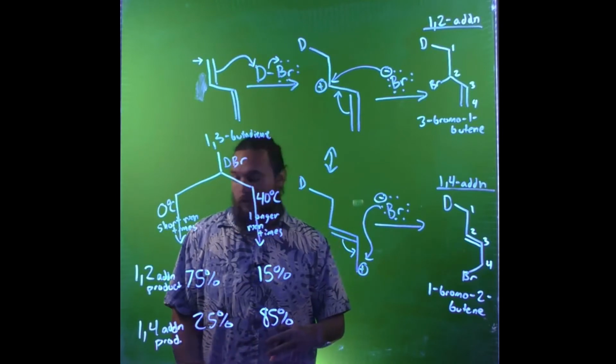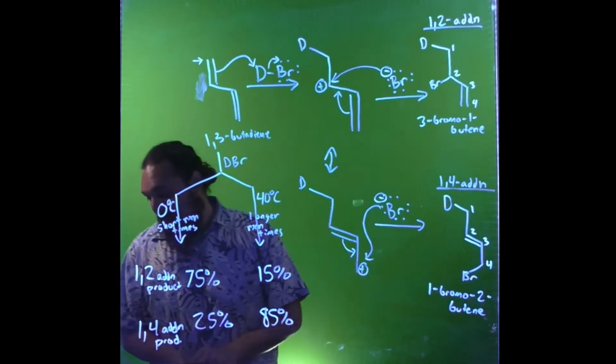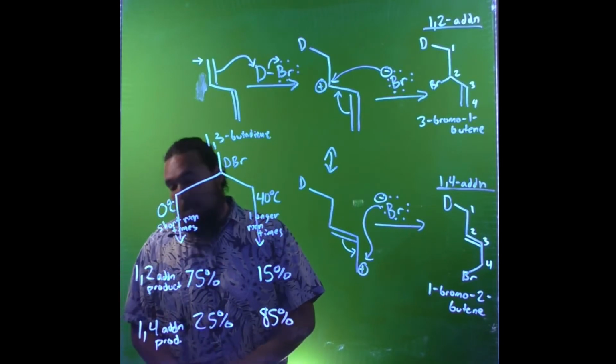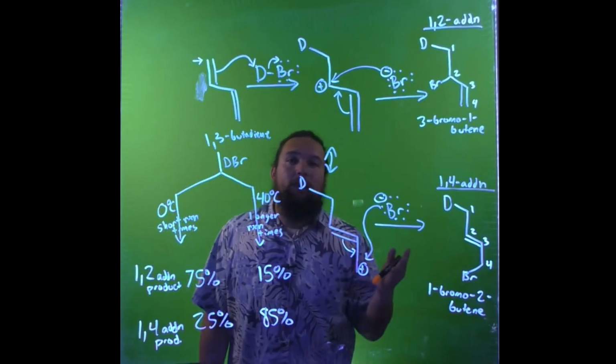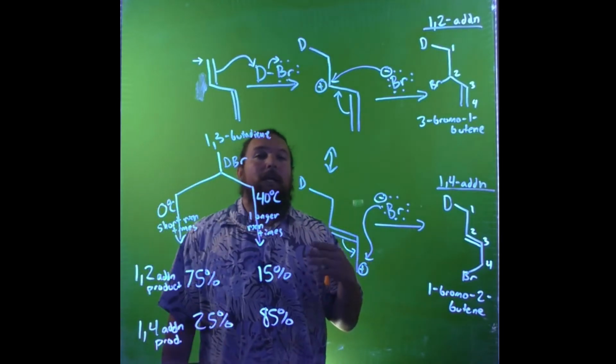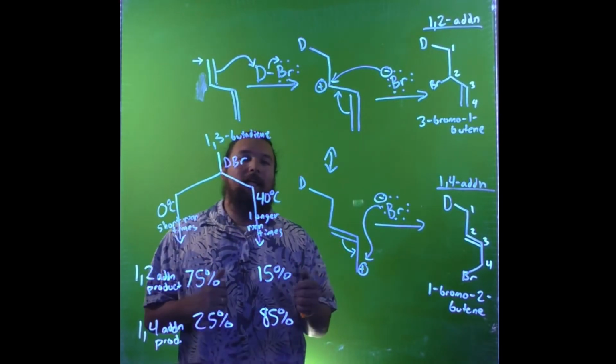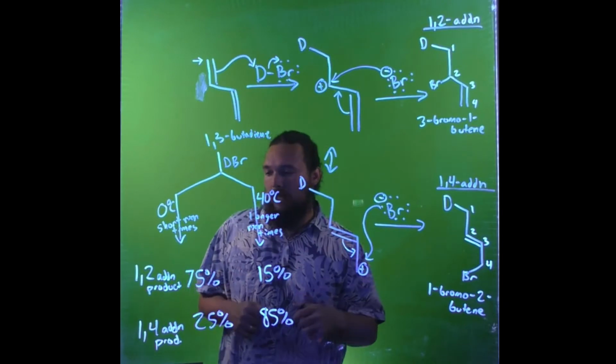So what we can do is we can think about this in terms of an energy level diagram. But before we do this, in the beginning of this talk, I talked about kinetic versus thermodynamic control. So let's go ahead and label which one is which, okay?